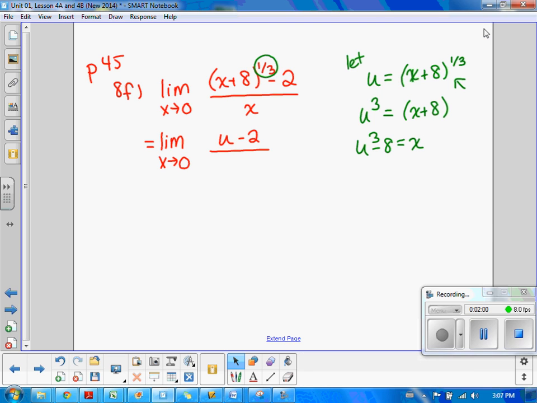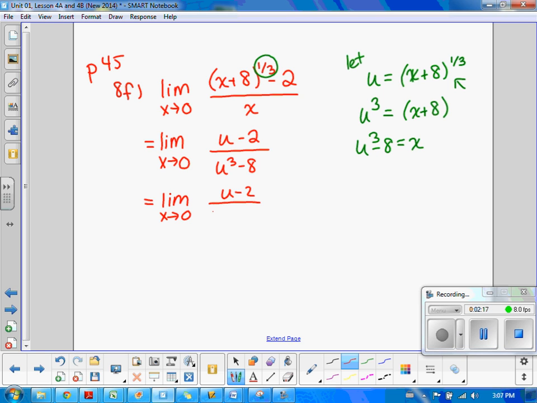So back to our original equation, we will replace x with u cubed minus 8. And luckily, u cubed minus 8 is a difference of cubes, which we could write, if we wanted, as u cubed minus 2 cubed.